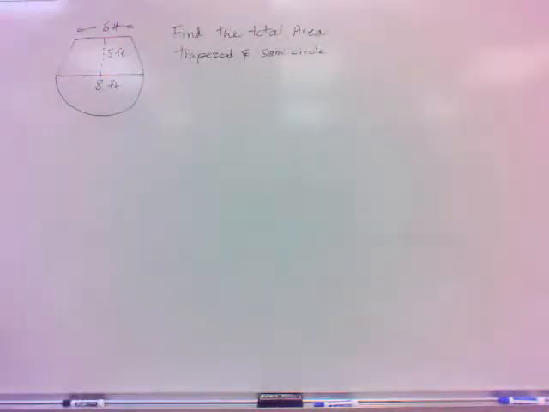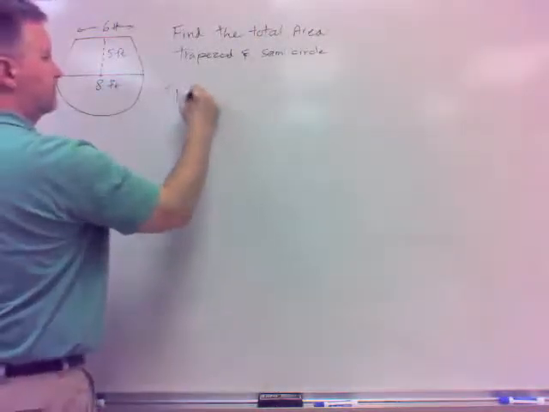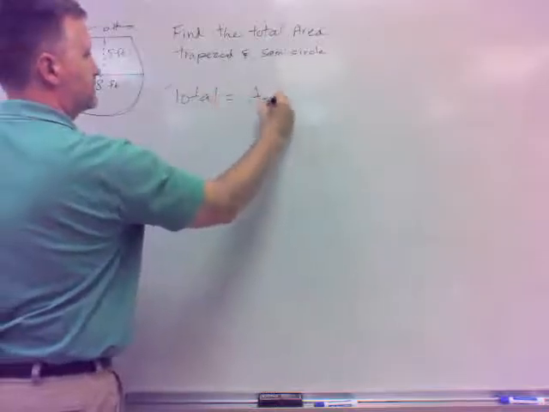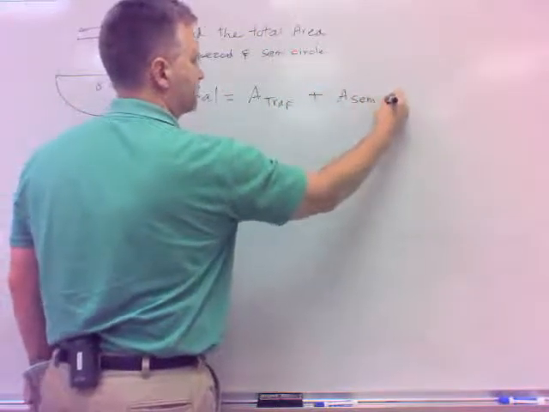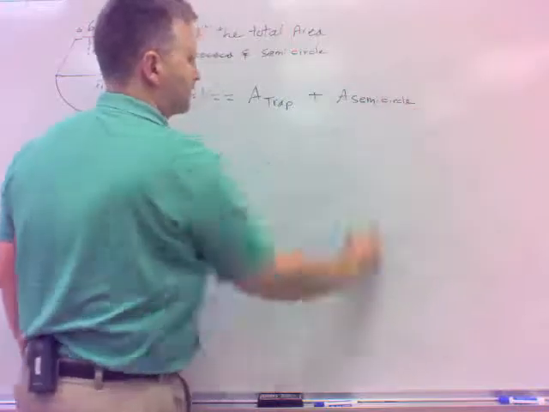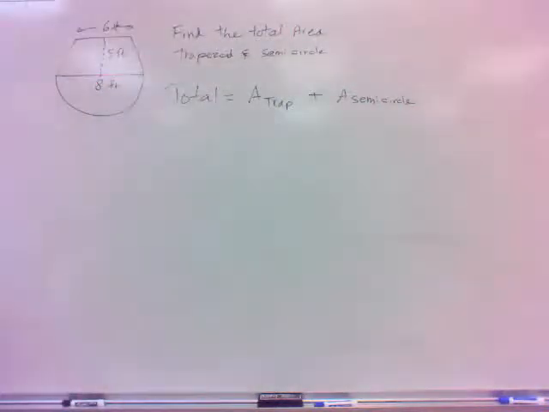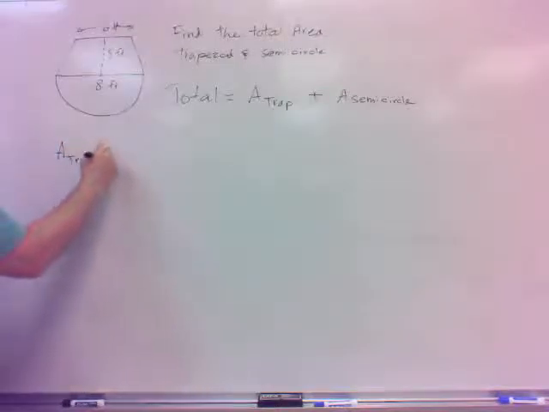So the total area is going to be the area of the trapezoid plus the area of the semicircle. In this case, I'm going to add the two areas. The shaded, I was subtracting the areas. Here I'm going to add the areas, right? So I'm going to take this area plus that area. With me? Okay. Did one earlier.